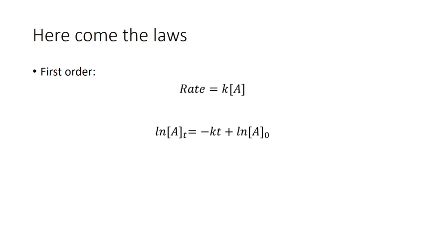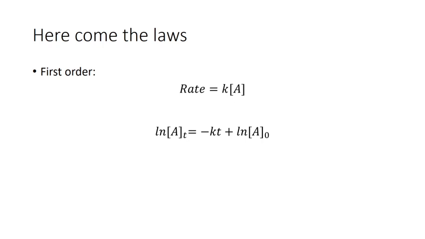So to look at the rate laws, if we have a first order, that is, the rate is dependent on the concentration of one thing to the first power, that is a first order rate law.